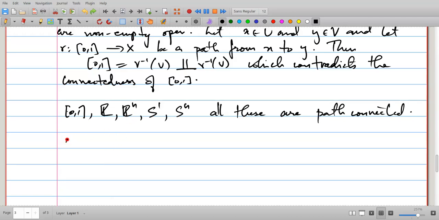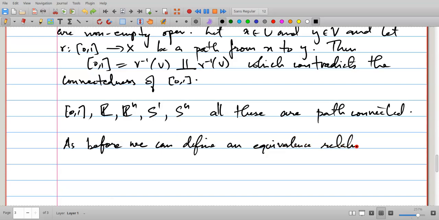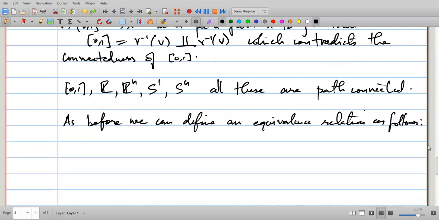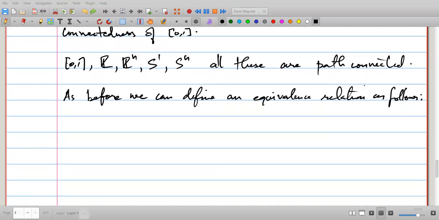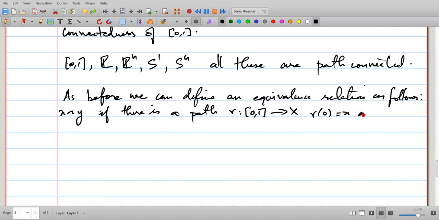Okay, and as before, we can define an equivalence relation as follows. x is equivalent to y if there is a path gamma from [0,1] to X such that gamma 0 is x and gamma 1 is y.